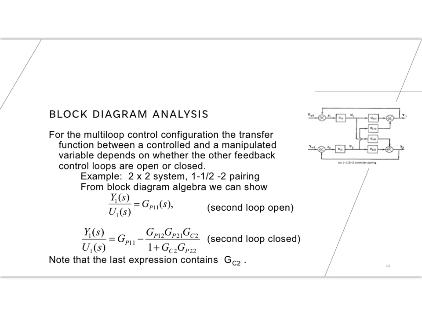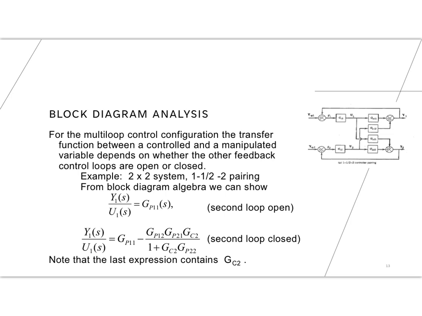So Y1 over U1 for the 1-1, 2-2 pairing: U1 to Y1 goes through GP11. Sorry, my slides are not very clear to read. So GP11 is what I end up with if the loop is open.